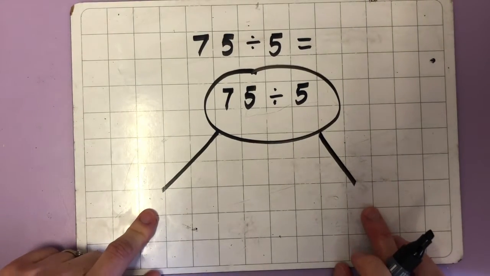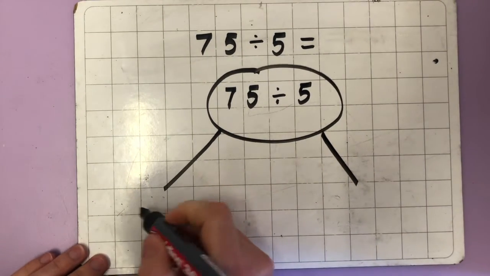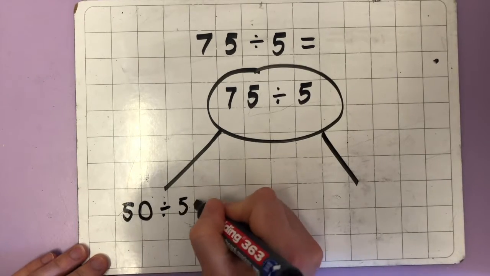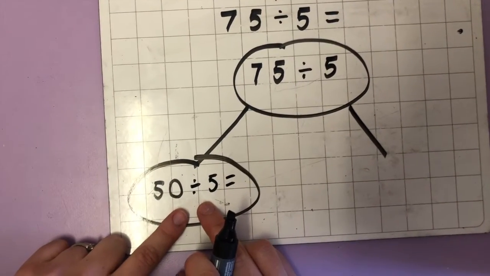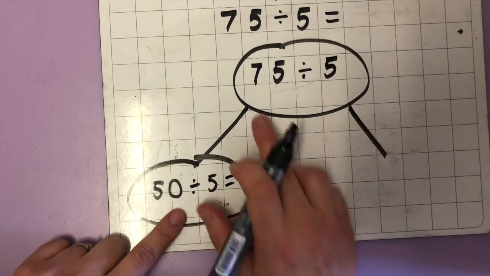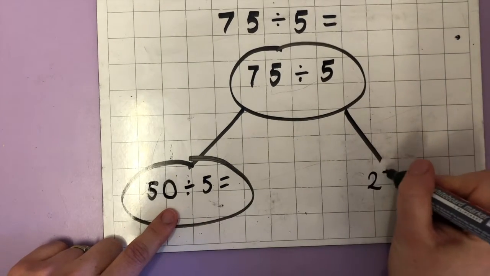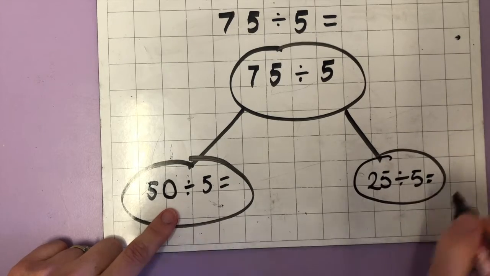Then I'm going to split my number to make it easier to divide. I know that 50 divided by 5 is an easy one to answer, so I'm going to put that there. And then what's left? 25. 25 divided by 5. That's easier too.